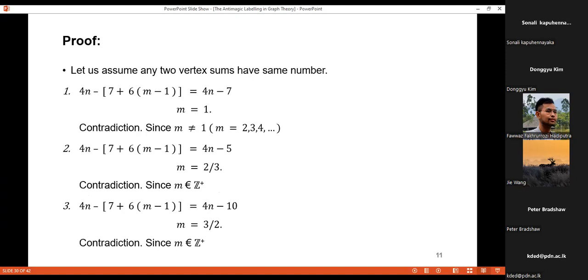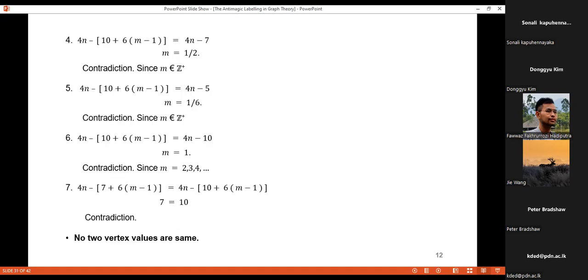Then we prove these vertex sums are distinct using the contradiction method. For that, we assume any two vertex sums are equal to each other and then get a contradiction. We have considered each pair of vertex values in both cases, and since every time we get a contradiction, we can say that no 2 vertex sums are equal.